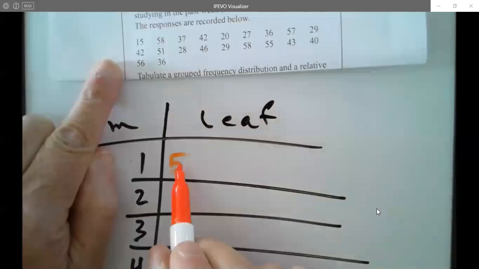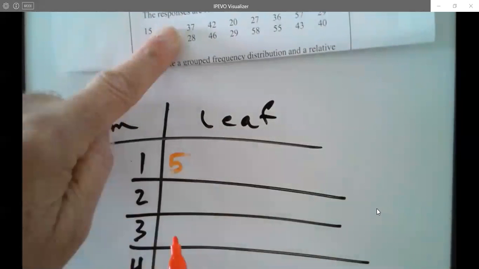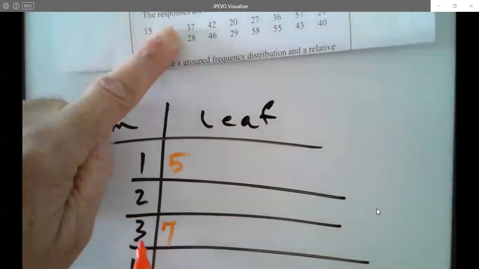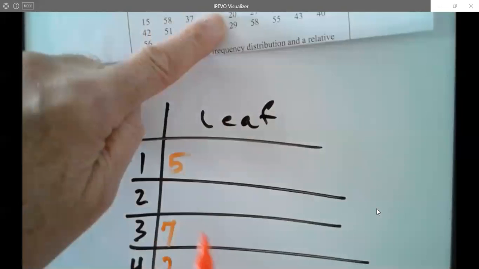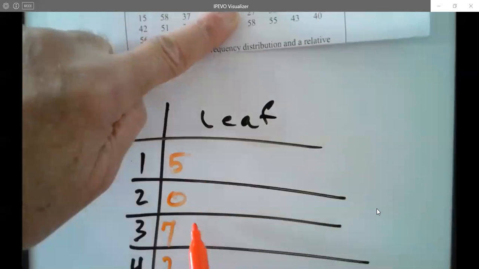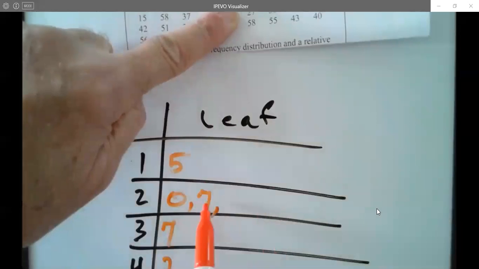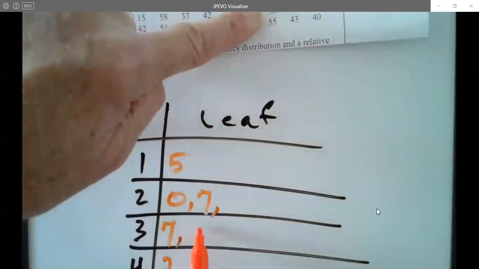The next one is a 58, so you just put 8. Next one is a 37, 42, 20. But now you get 27, so you just put a 7 there for 27. 36, you just put a 6.